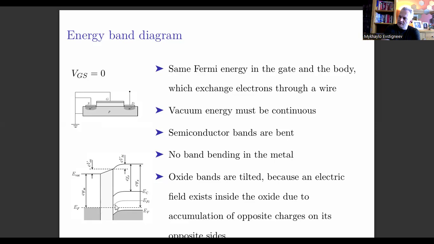So there are trapped charges at the interface, which means that this dielectric layer acts as a capacitor, and the plates of this parallel plate capacitor are charged. So here you have some charges, and then here you would also have some charges, so that the whole structure is electrically neutral.